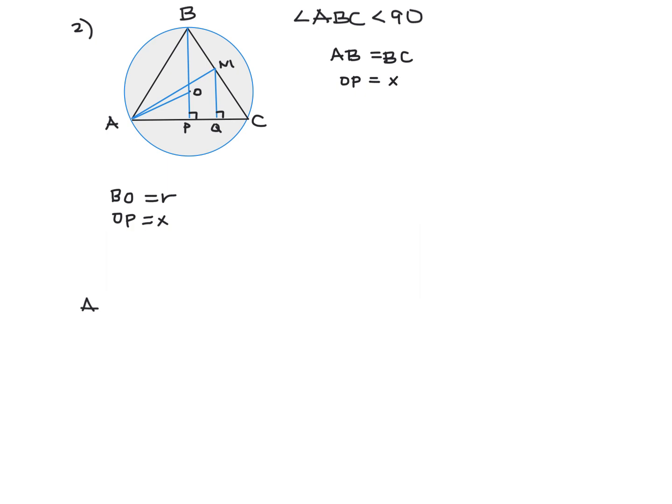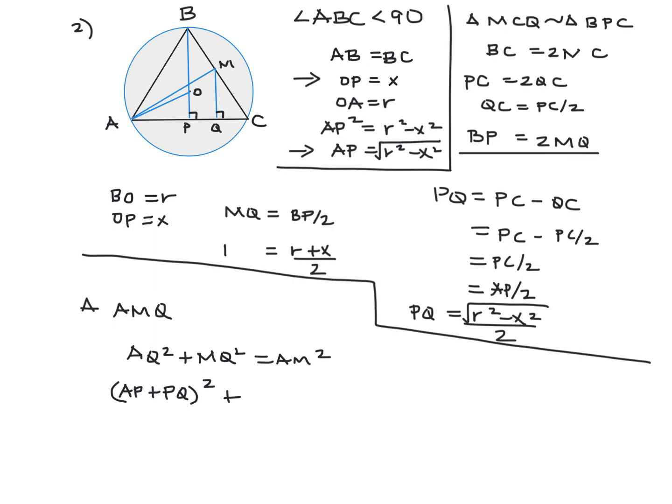Now we have to figure out in triangle AMQ, that triangle, it's actually a right triangle, that AQ squared plus MQ squared is equal to AM squared, like that. And therefore AQ, it's going to be AP plus PQ all squared. And then MQ, well, this is MQ. So R plus X over 2 all squared.